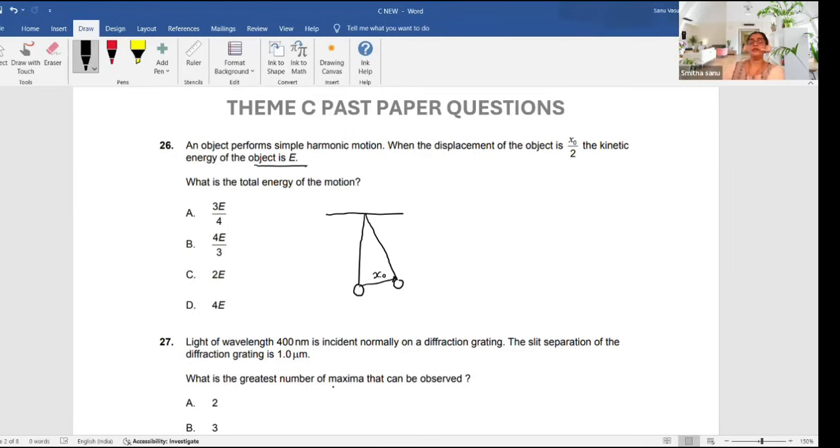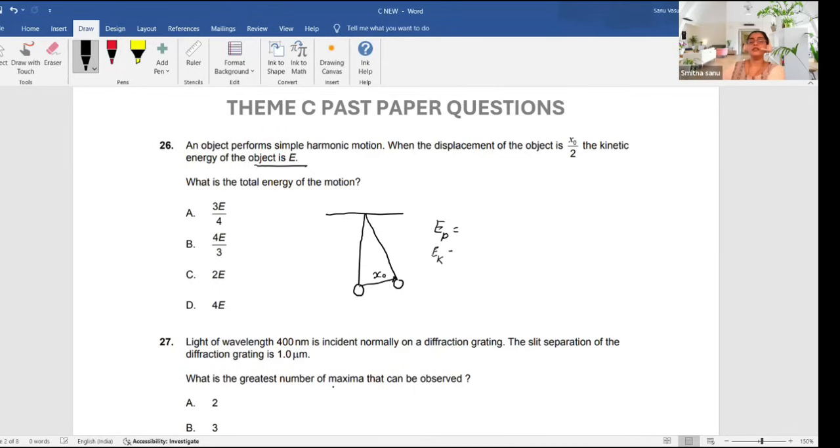If we talk about the energy at the extreme position, the energy is entirely potential energy. Potential energy is entirely there at the extreme, and at the mean position, it is kinetic energy.